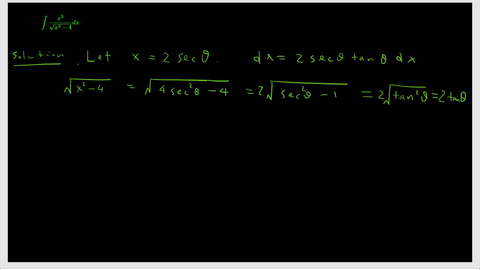Now we're ready to get rid of the radical in the new integral. The denominator containing the radical becomes 2 tan of theta. dx, you see dx in here, becomes 2 secant of theta and then tan of theta, and then d theta.